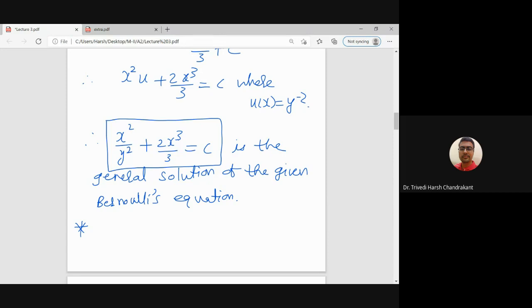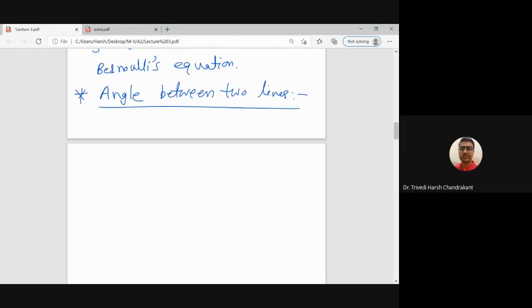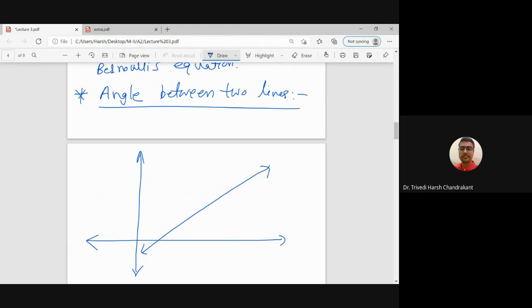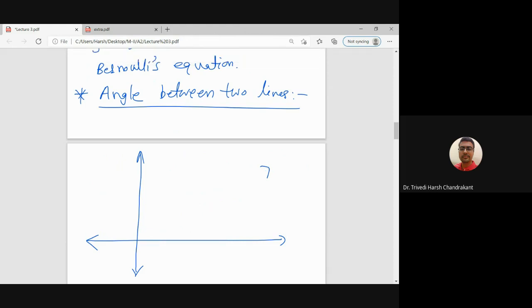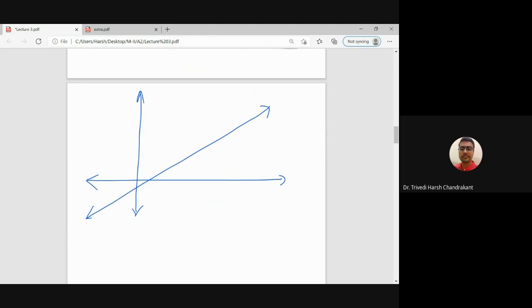Now in school mathematics we studied the angle between two lines. Suppose we are given two lines of the form mx plus c. So first line is y is equals to m1x plus c1.